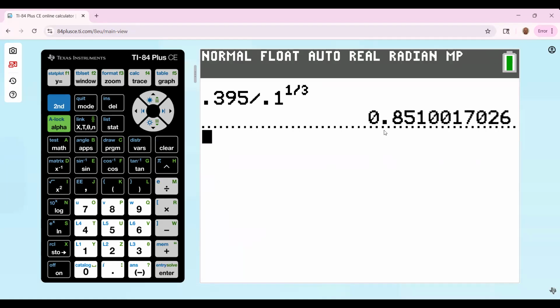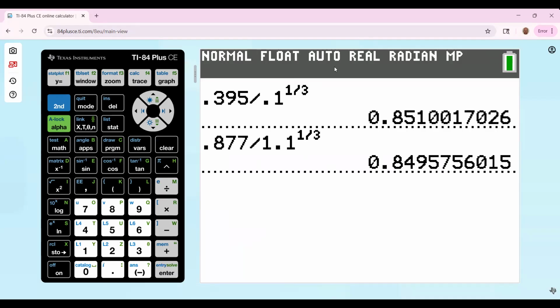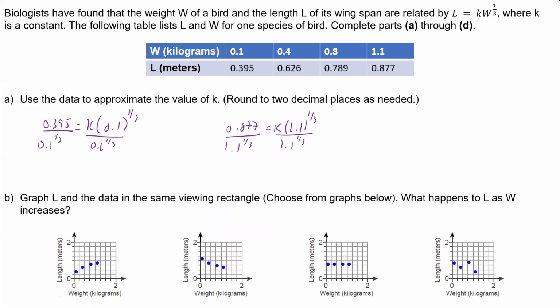It gives us 0.85. And the other one, we had 0.877 divided by 1.1 to the 1 divided by 3, and that's 0.85. So to two decimal places, we have basically the same thing. So this is approximately 0.85, and this is approximately 0.85. So that works as far as the same numbers.